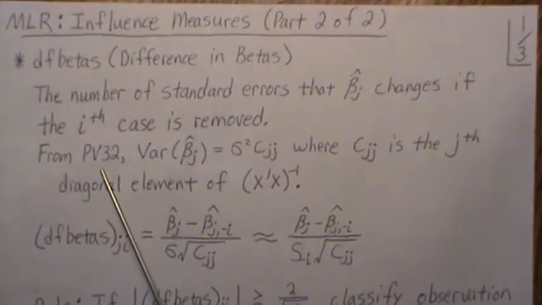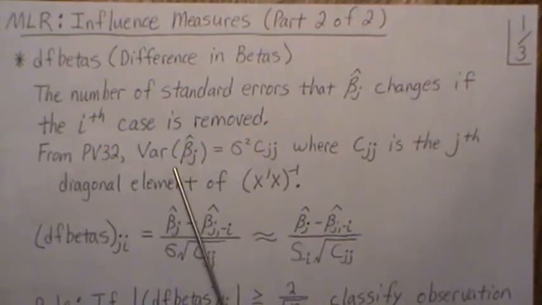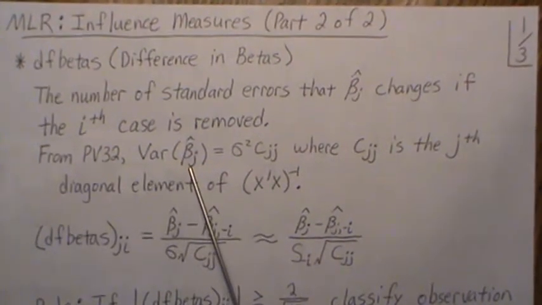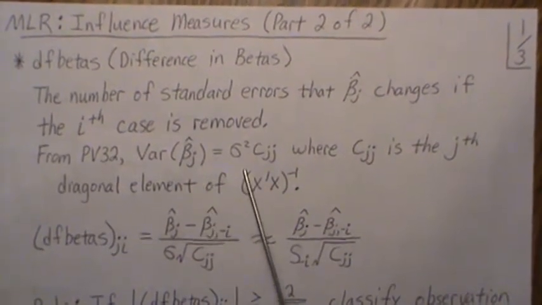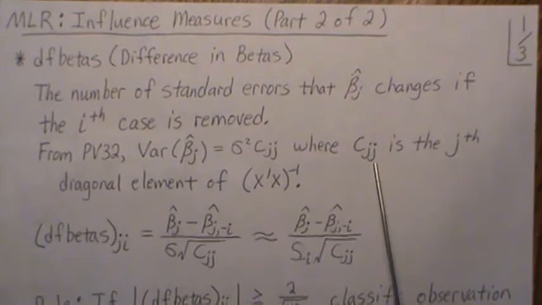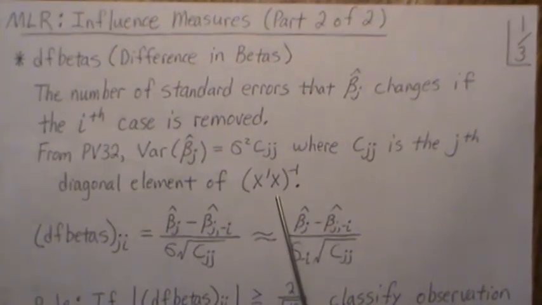From a previous video in this playlist, General Linear Models Regression, in the 32nd video, we calculated the variance of the least squares estimate of beta j, and it was this, where c_jj was the jth diagonal element of this.